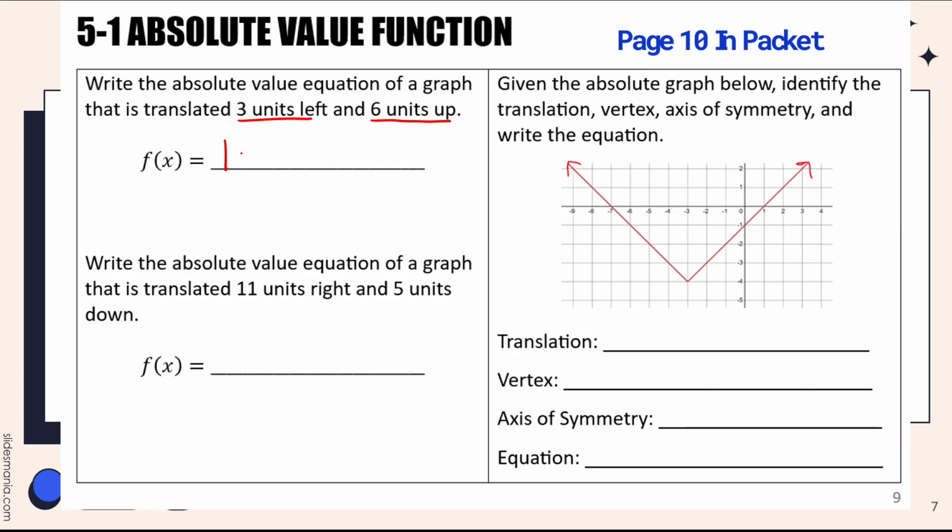Hopefully you got the answer x plus 3 and plus 6. The plus 3 is that 3 left, and the plus 6 is that 6 up. Okay, and the next one, it says write the absolute value equation for something that's been translated 11 units right and 5 units down. Pause the video, see if you can try this one on your own, and check your answer when you are done.